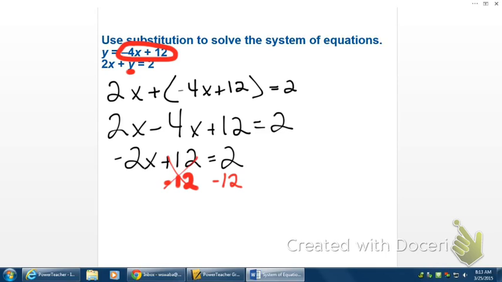Much better. Now we have a negative 2x. It's going to give me a negative 10. And Jacob, what's our last step here? Divide negative 10 by negative 2. Yes, divide negative 2 to both sides. And what do we have left? Freddie, we got positive 5.